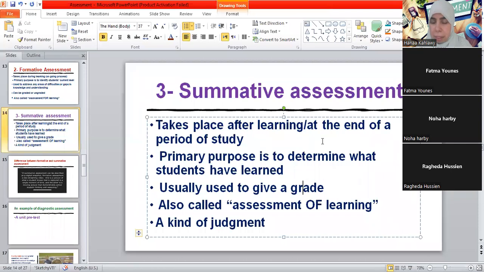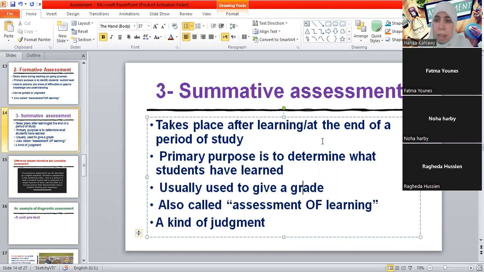This is summative assessment. So it's all about learning objectives. I check whether my students have achieved the learning objectives or not, okay? It comes at the end, not during learning, at the end.